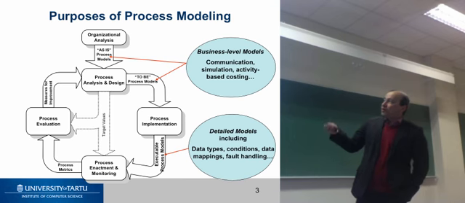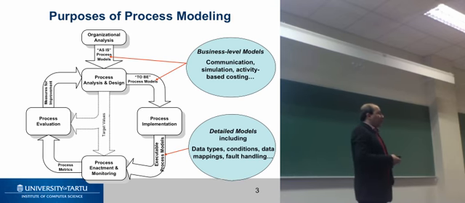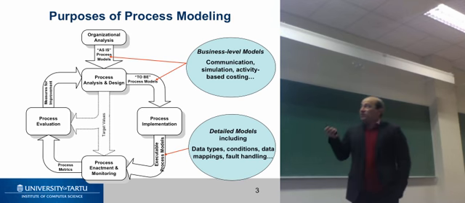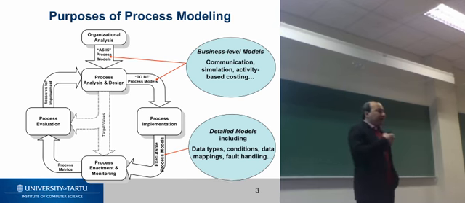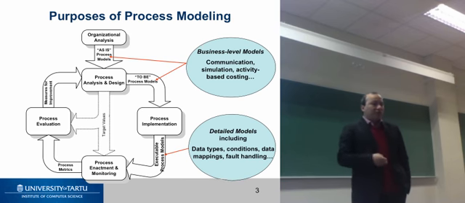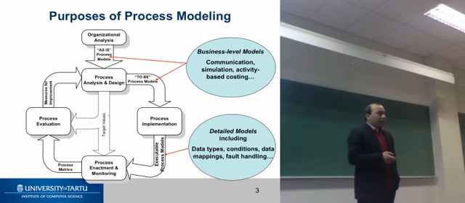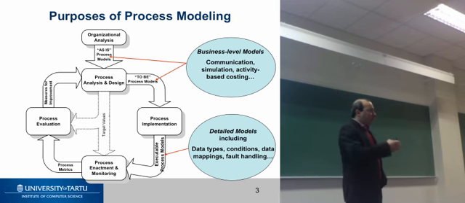But there is also another use of business process models that we will be interested in as well, which is using them at the level of implementing an information system that will support the business process. We want to use the process model, for example, to derive requirements for the information systems that will support the process.